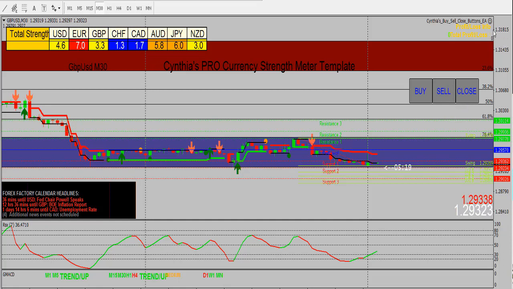This is an EA, and the reason it's an EA and not an indicator is because it also has my trade manager inside of the inner button workings. And the trade manager is a trailing stop and is designed to book your trade at 50% take profit at your desired number of pips.